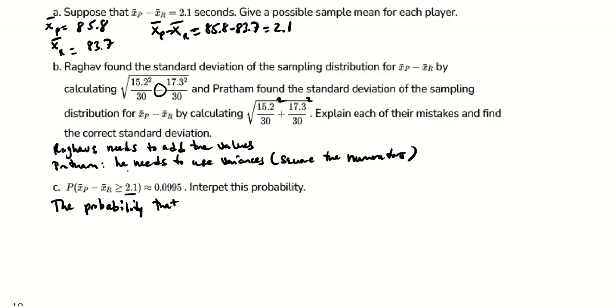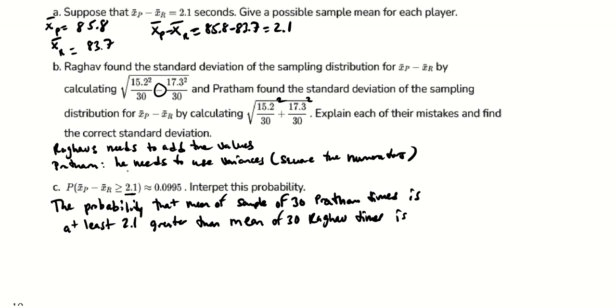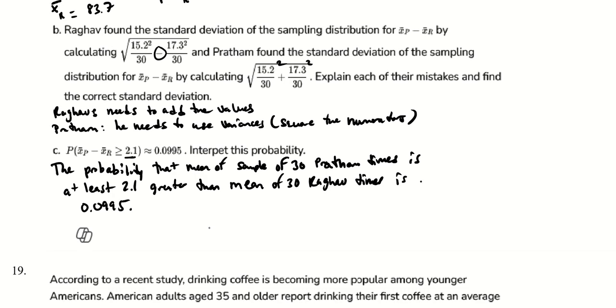So the mean is at least 2.1 greater. Raghav is 0.095, sorry. Okay. All right. Yeah, it's approximately right, so it's not exact.